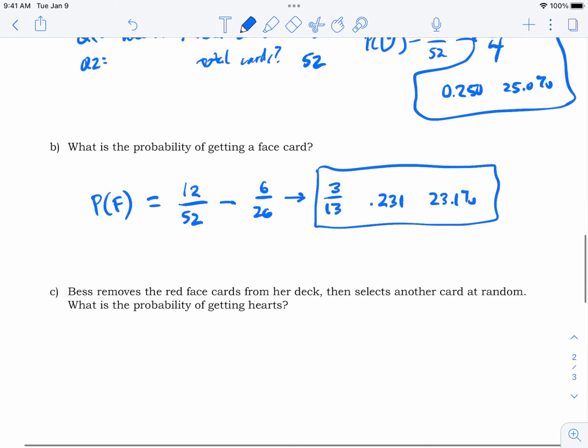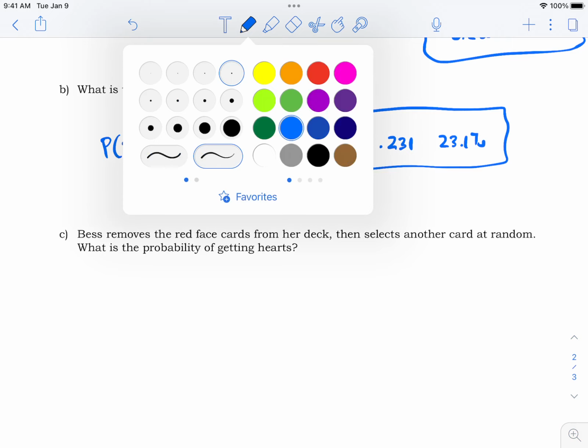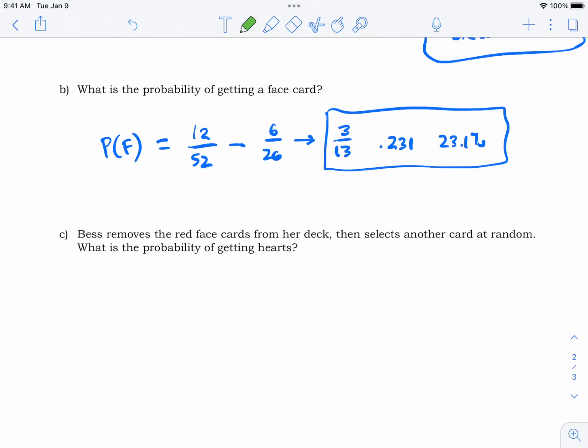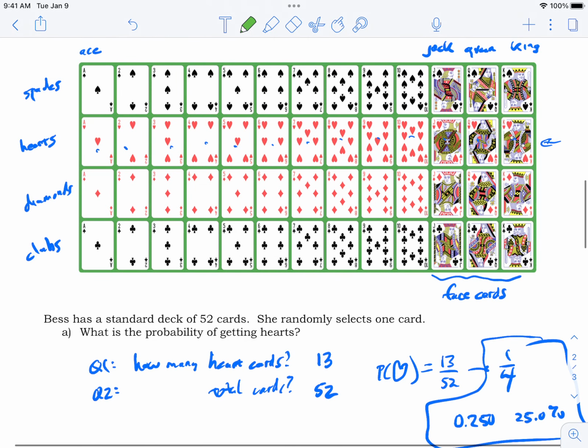And one more. Bess removes... oh, this is different. I'm going to get a different color pencil out here. She removes the red face cards from her deck and then selects another card. Okay, so before I even read on, I'm going to come up here and say, she removes what? The red face cards.